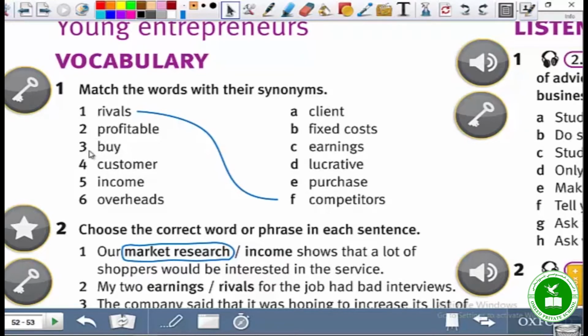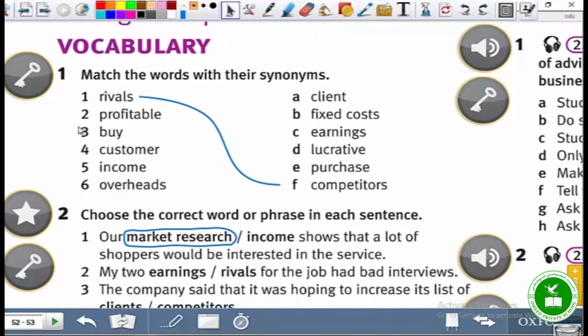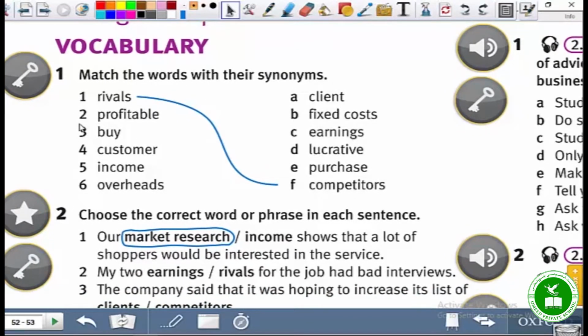For example, number one is done for us. Rival. Rivals means competitors. So let's do the others together. Number two, profitable. What do you think? Yes, you are correct. Which letter?